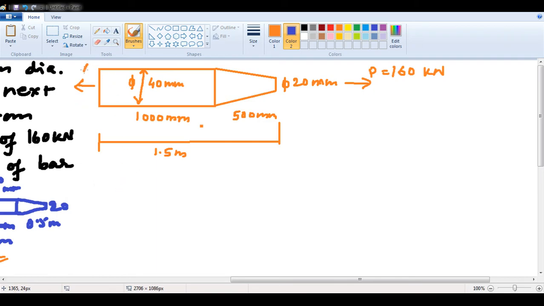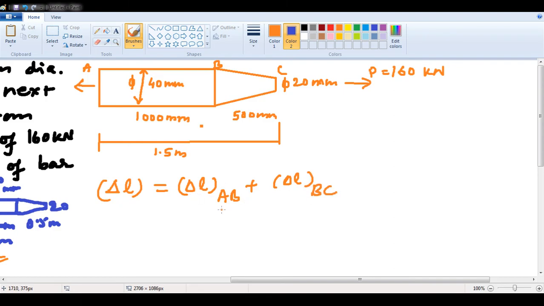Say this is A, this is B, this is C. So the question is asking the change in length, that is total extension of what? So total extension is nothing but AB plus BC.